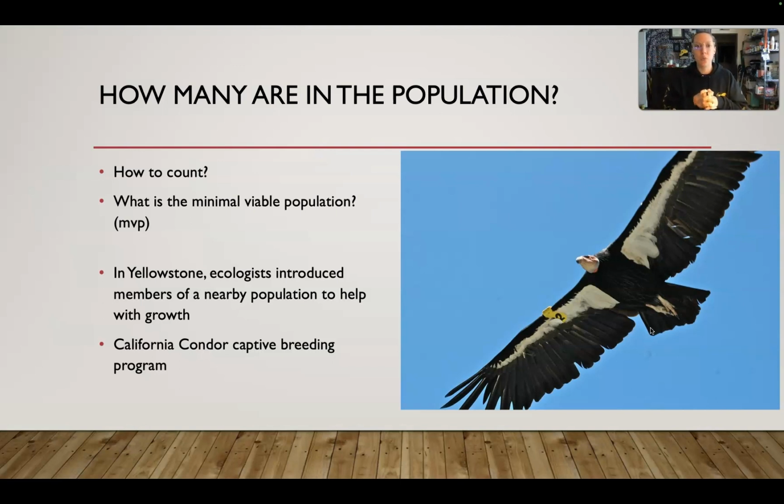But another way that ecologists used this idea was through the California condor captive breeding program. Crazily enough, the California condor, this beautiful bird you see here in this picture, the populations dwindled to a meager 22 individuals spread out around California, which is, of course, below the MVP, below the minimal viable population, with numbers that were dropping.